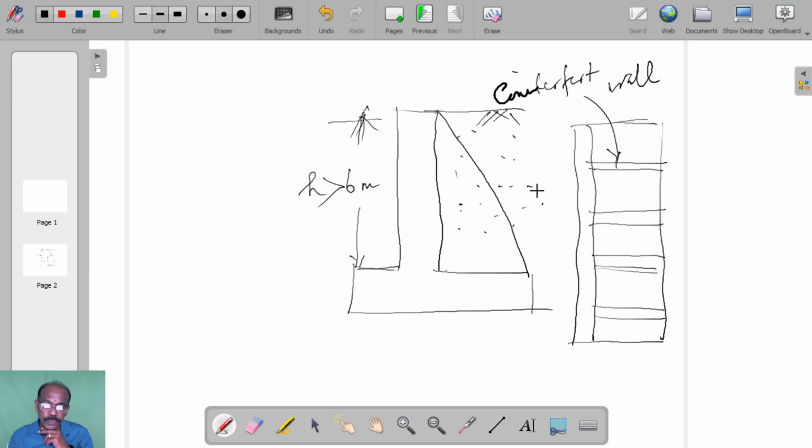If you provide the counterfort wall or additional support wall on the opposite side of the backfill, then it is known as a buttress retaining wall. So the buttresses tie the stem and the toe slab.